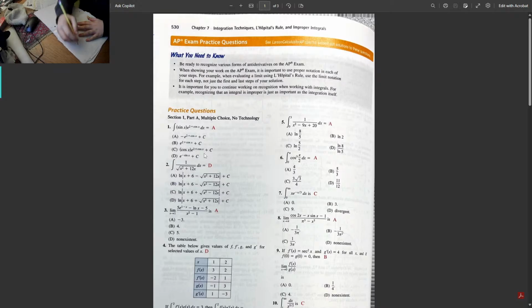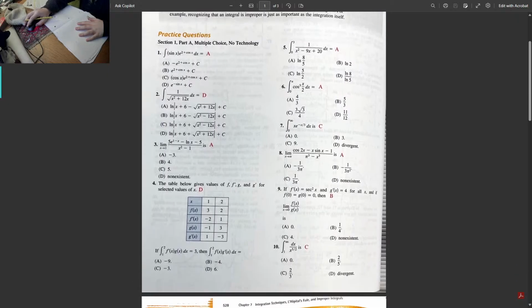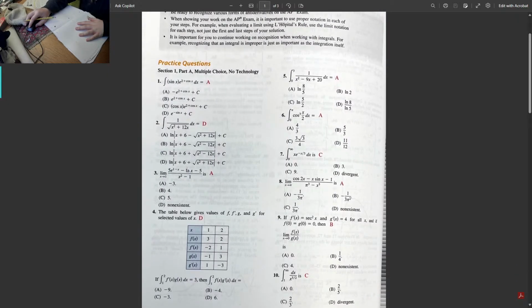Alright, so if y'all don't know, when you're evaluating a limit and it's two functions over one another, the first step is to evaluate each limit separately and see what they equal.